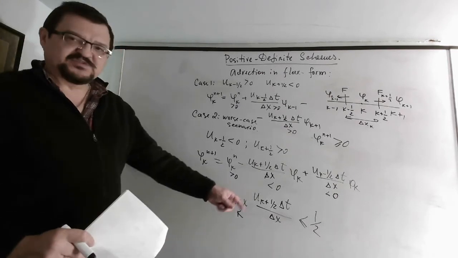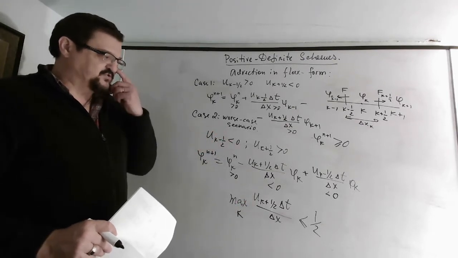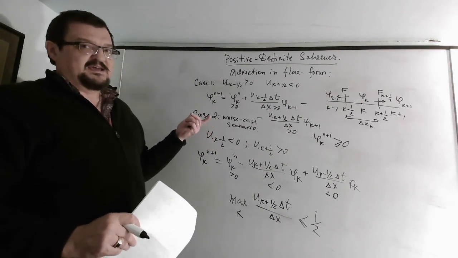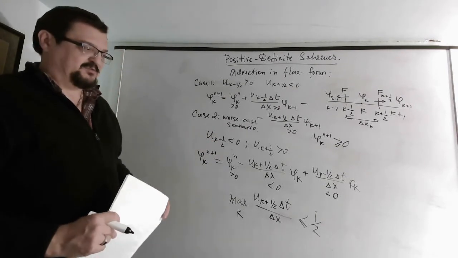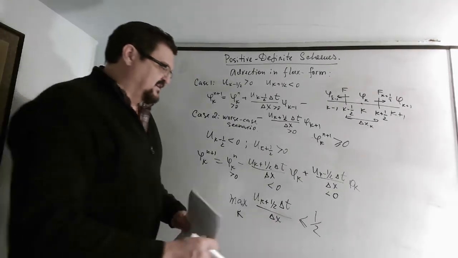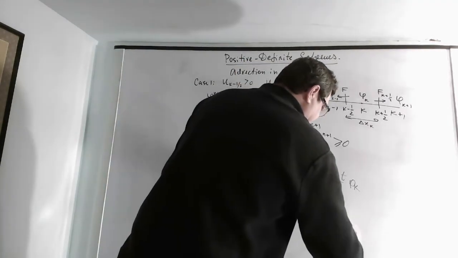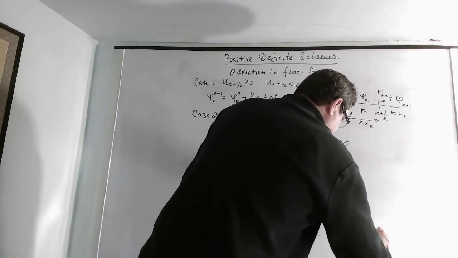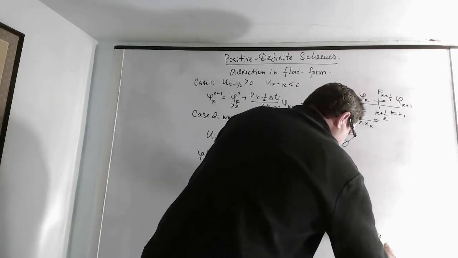And this condition looks like a stability condition, right? But if you look carefully, the donor cell scheme is based on a first order upstream bias scheme, except that it's written in flux form. As a result, you have a more stringent criterion. It's more restrictive than the stability criterion.